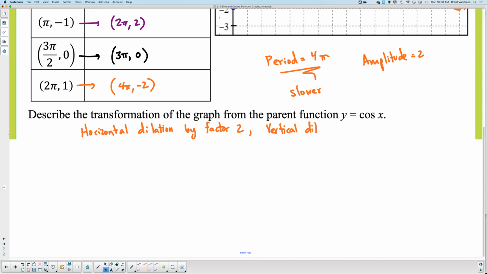When I say vertical dilation by factor -2? No, I would say by factor +2. What do I do with that negative? It's a vertical reflection. Which axis do you actually cross over? Across the x-axis. Very good.